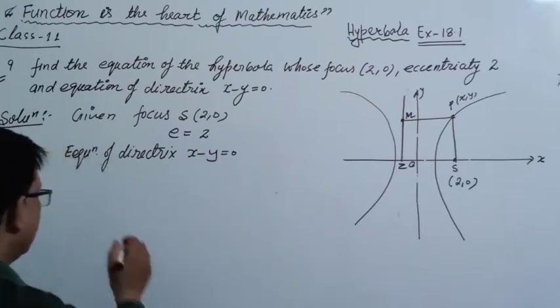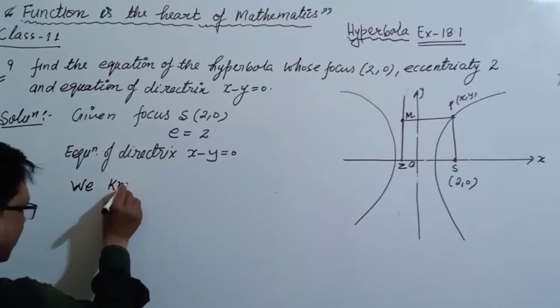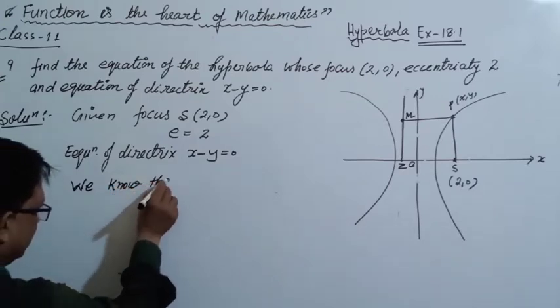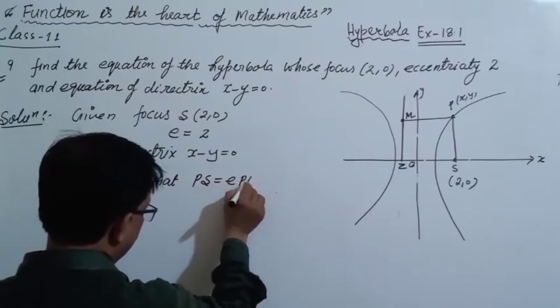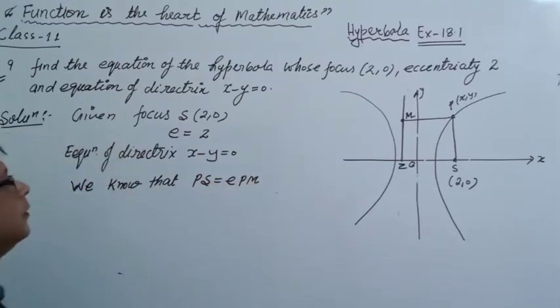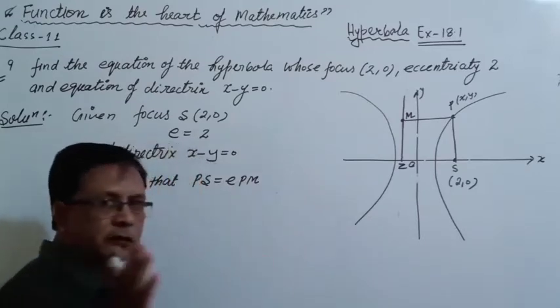So our logic is we know that PS is equal to e times PM. This is the definition of hyperbola, PS is equal to e PM, where e is greater than 1.